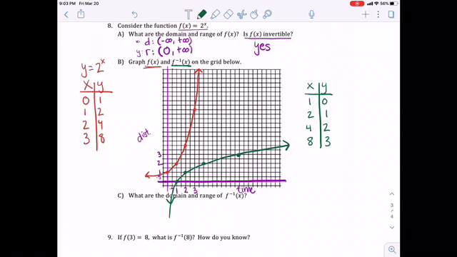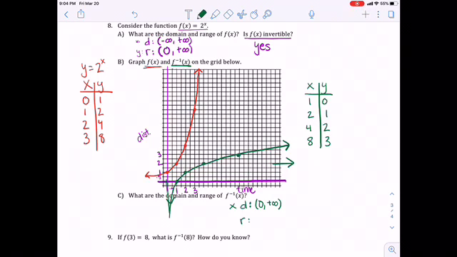All right, so next it asks what are the domain and range of our inverse function. So domain, remember, is our x values, and this time if you look at the x values, notice how this time we have our asymptote here on the y-axis. My graph gets close to that y-axis but never touches or crosses it. So the lowest x value my graph will ever get to here is 0. And the biggest x value, well, it's going to keep going right forever, so it goes to positive infinity for my domain.